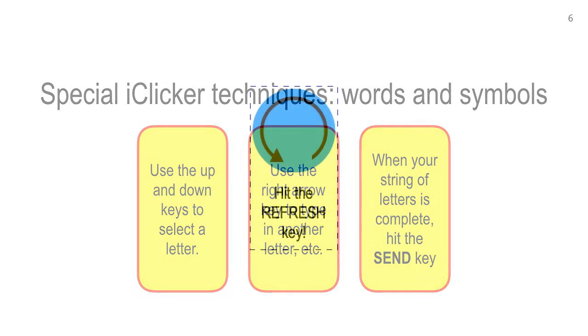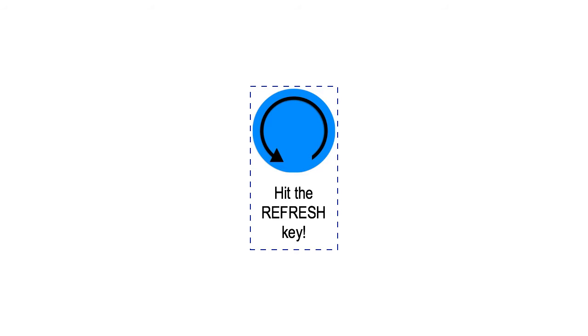Now, I want you to hit the refresh key for safety. Okay? And you're in the question now, and it should read the letter A on your screen. Now, if you go up and down, you'll be able to select different letters.